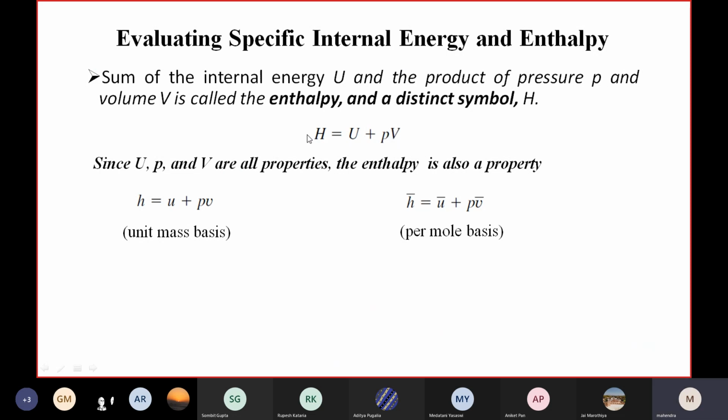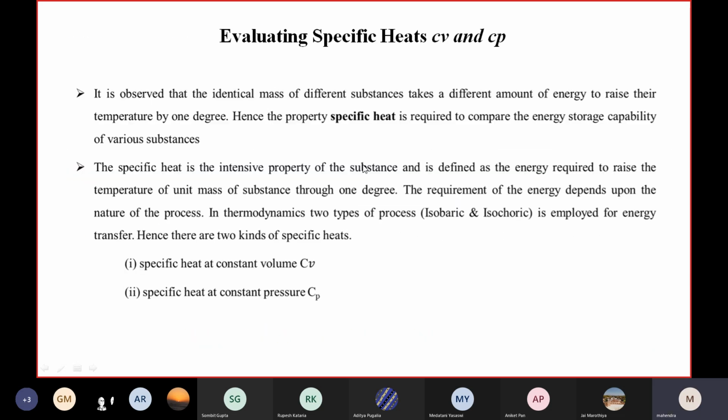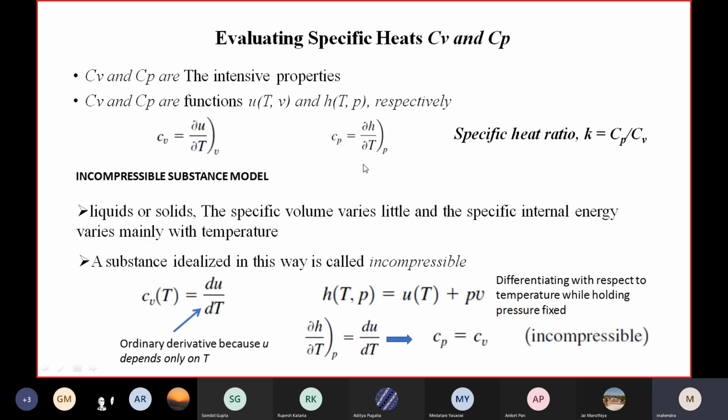That's why for constant volume the specific heat is only a function of internal energy. For constant pressure, pressure would be constant but volume will be changing. That's why Cp is a function of enthalpy. Enthalpy again comes with both, temperature, pressure, internal energy, everything.